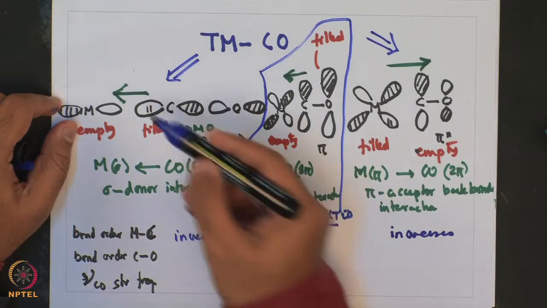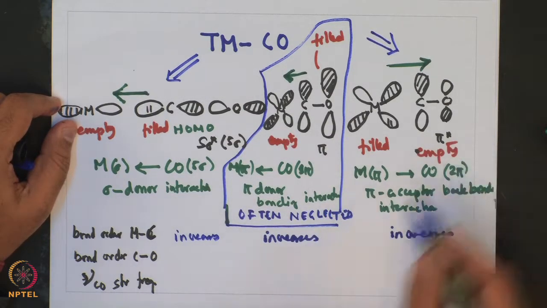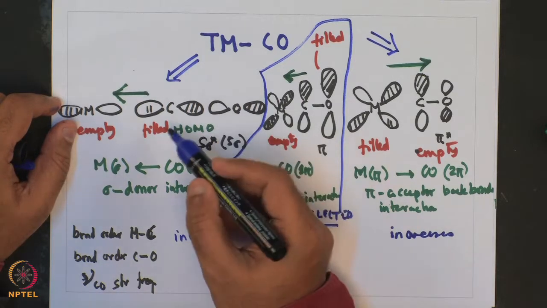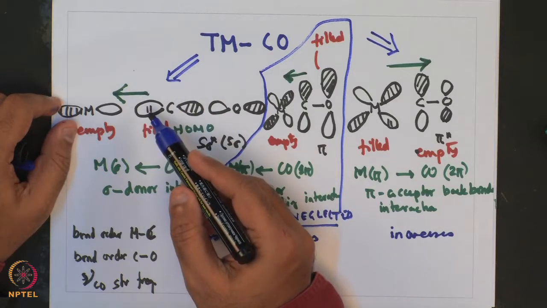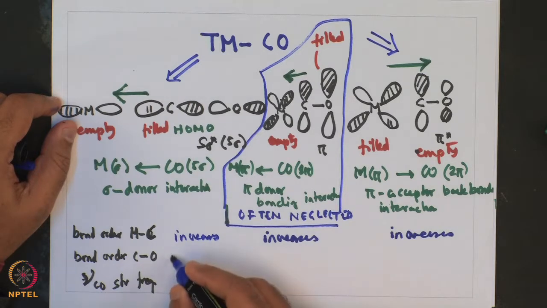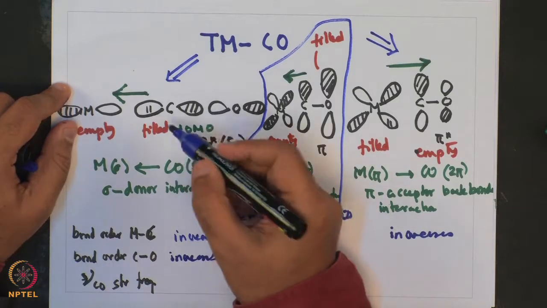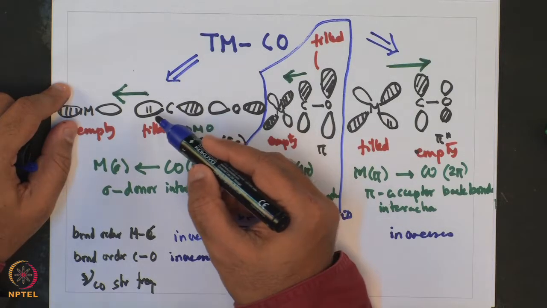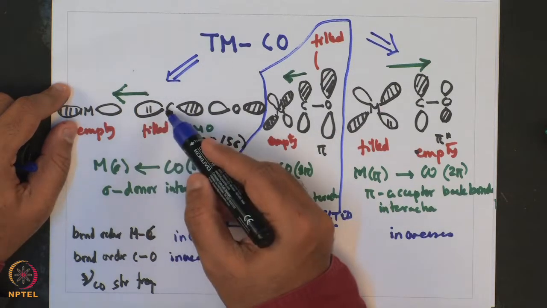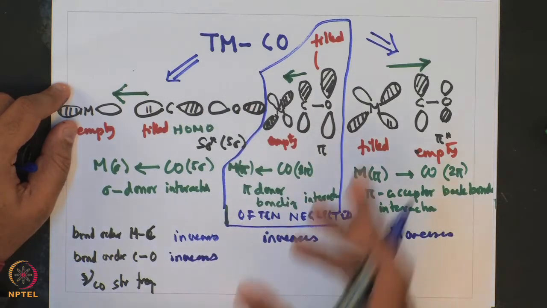However, the forward sigma donation, forward pi donation and backward pi donation affect the CO bond order differently. For example, in the forward sigma donation, the CO to metal sigma donation, the CO bond order also increases, and that is because when the electron density is moved from carbon into the bonding region, carbon develops a positive charge and the CO bond is now more tightly held.